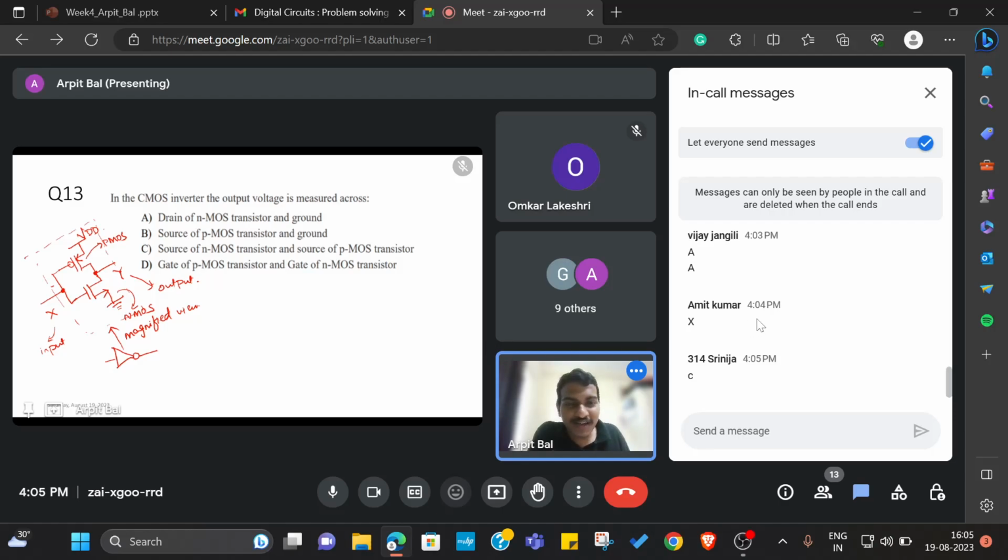We have almost all the options covered in the chat box. Someone said option B, someone mentioned option A, someone mentioned option C. Is there anyone who wants to mention option D as well?